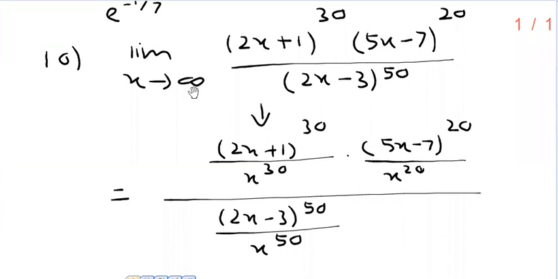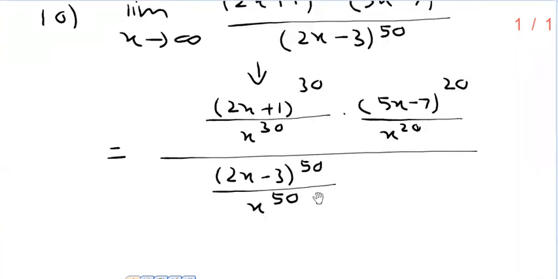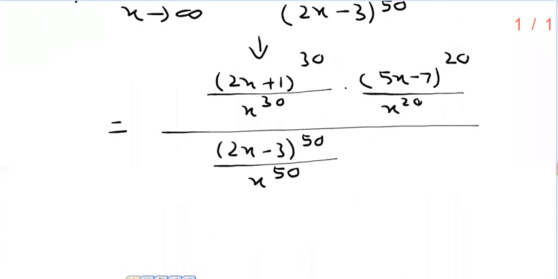Next one: limit x tends to infinity, (2x plus 1) raised to 30 into (5x minus 7) raised to 20 upon (2x minus 3) raised to 50. So divide numerator and denominator by x raised to 50. In the numerator, you have to split it as x raised to 30, x raised to 20. Now use laws of indices.